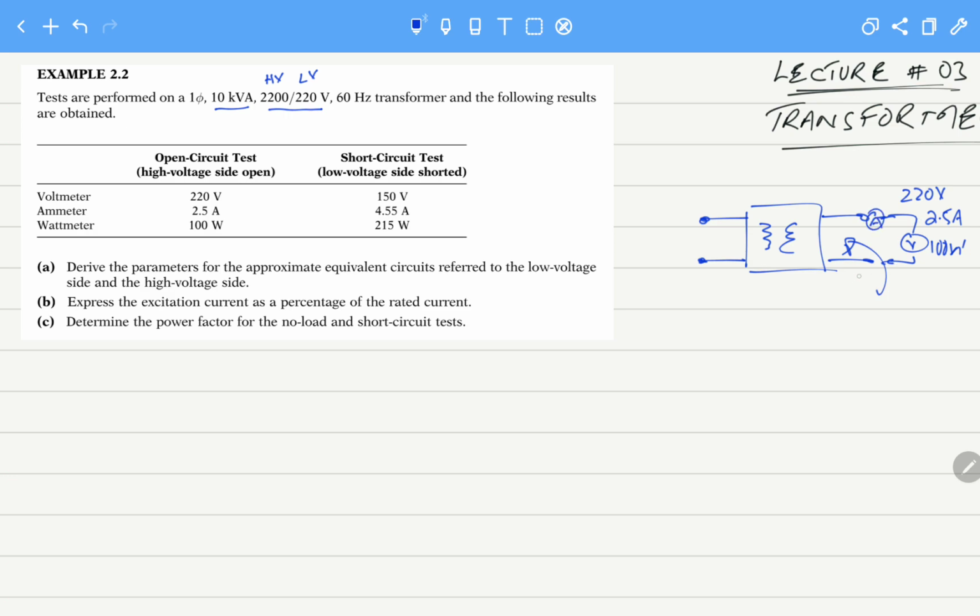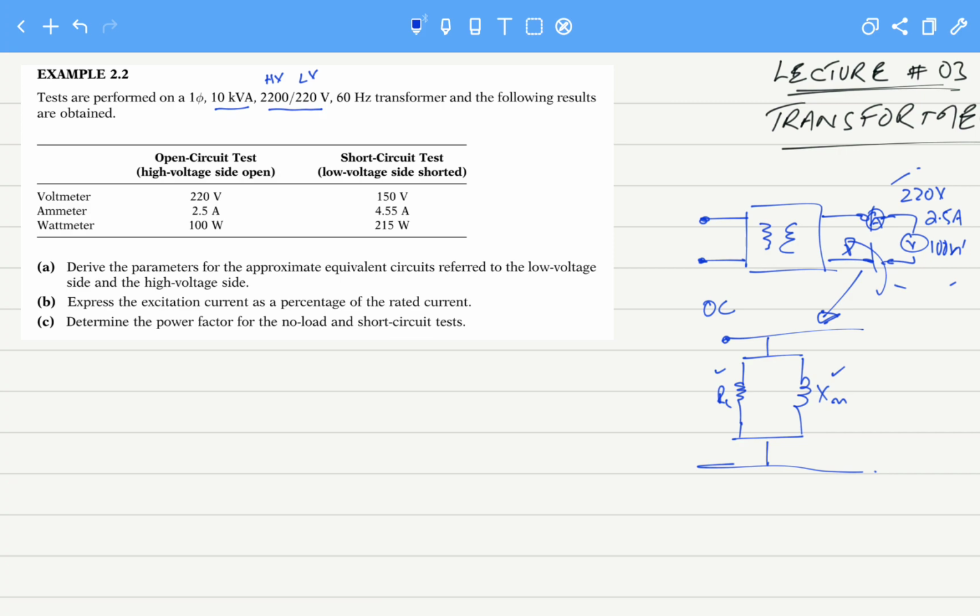By using these parameters, we know that the open circuit test lets us calculate the parameters of the core, the magnetization branch. We will calculate these parameters, but they will be reflected to the secondary side, the low voltage side.